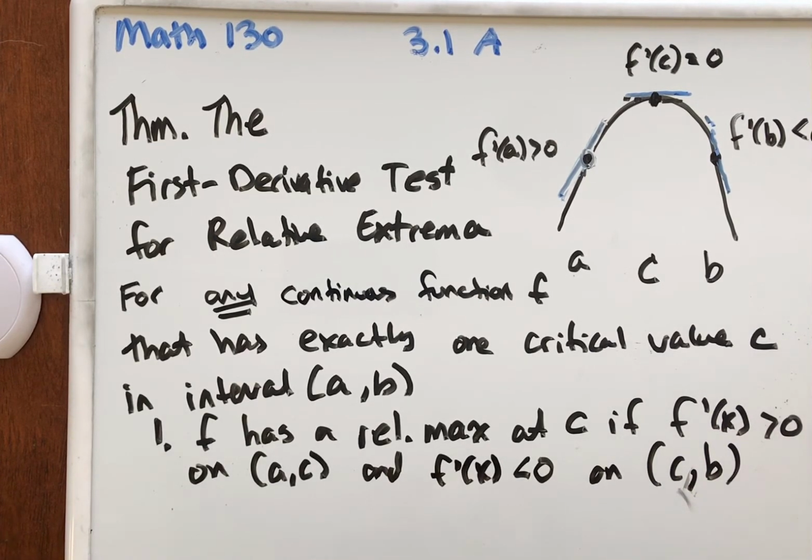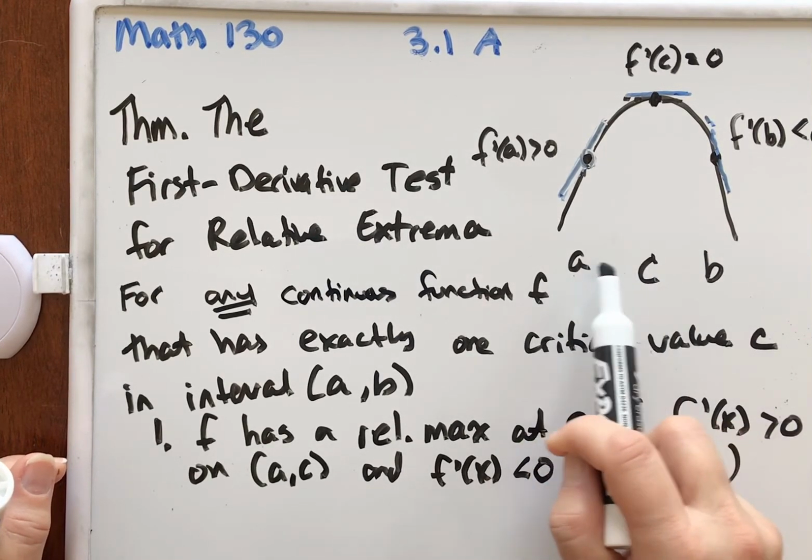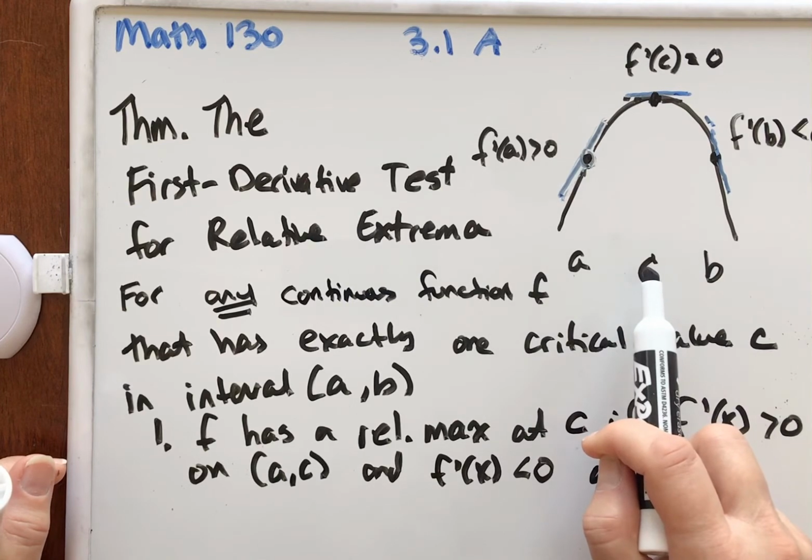Okay. F has a relative max at C if f prime of x is greater than 0 on AC and f prime of x is less than 0 on CB. Okay, so this is AC right here. This is the interval AC.